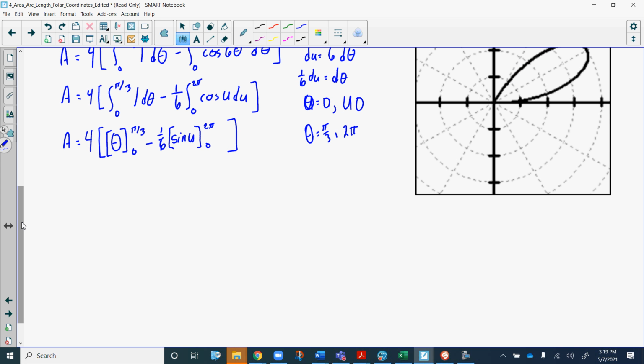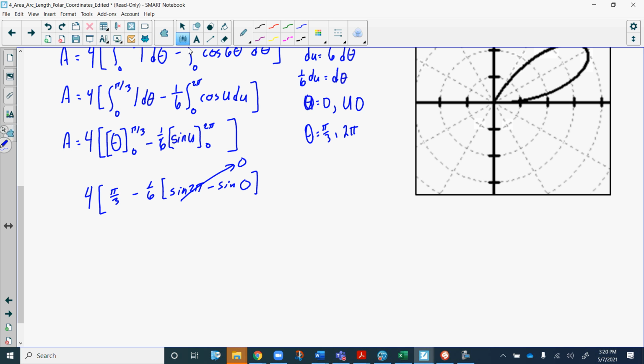So let's see what we get. In this case, substituting with 0 doesn't matter on that first one, so that's just going to be pi over 3, and minus the 1/6, and in this case substituting either 2 pi or 0, sine of 2 pi minus sine of 0. 0 and 2 pi are coterminal angles, and both of those give me sine to be 0, so this whole thing simplifies to be 0.